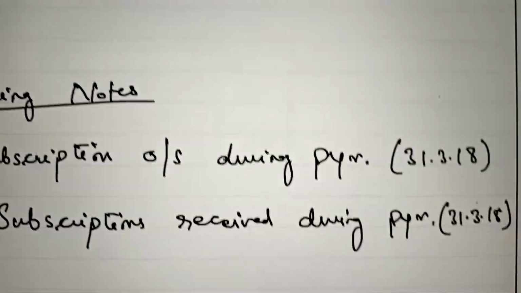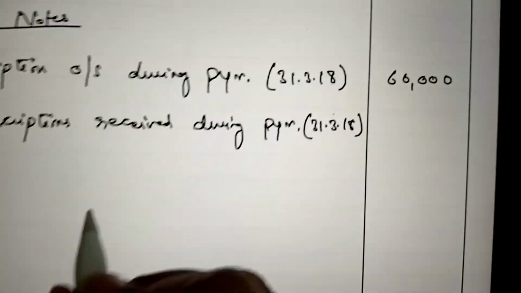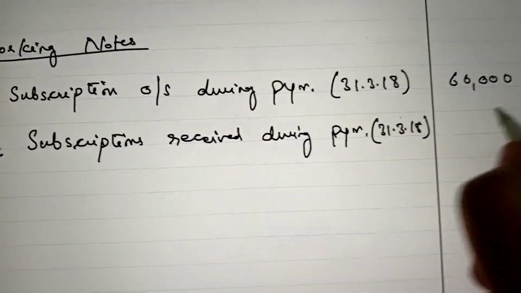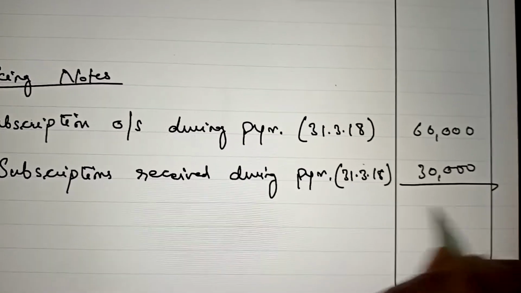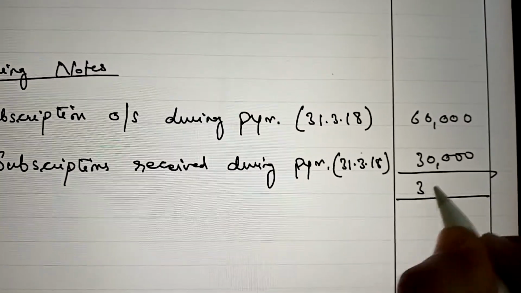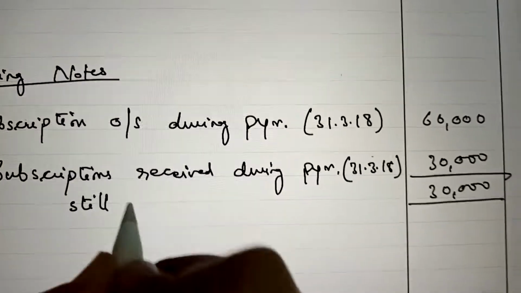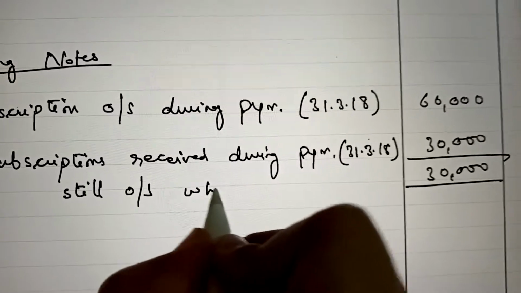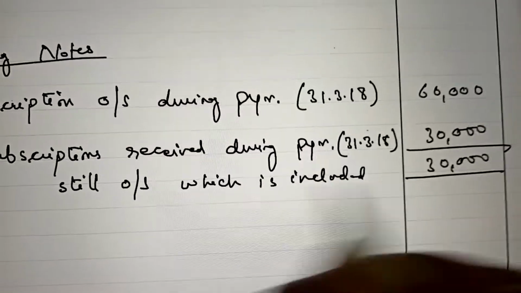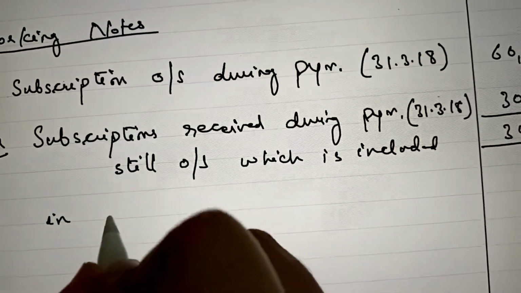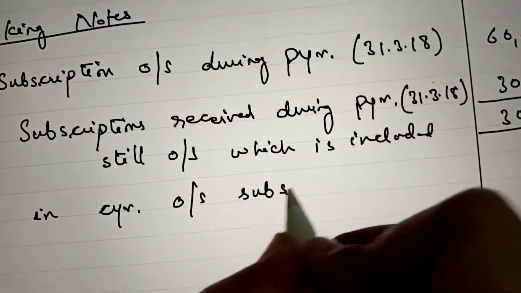Subscription outstanding during previous year was given to us 60,000, and subscription received during previous year is given to us 30,000. So it means rupees 30,000 is still outstanding, which is included in current year's outstanding subscription.